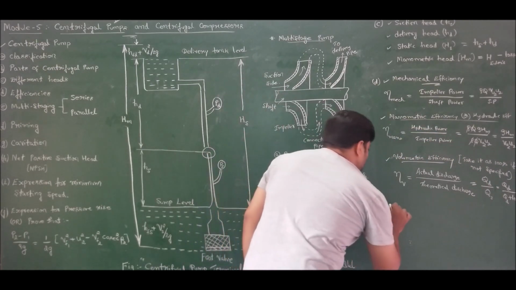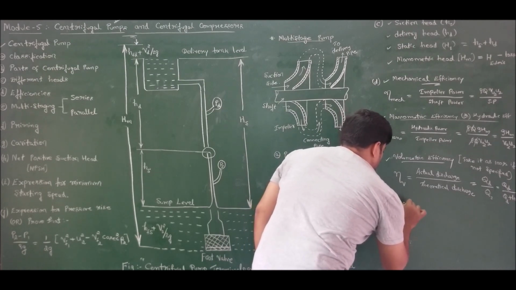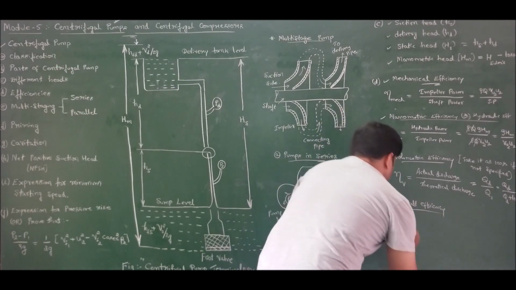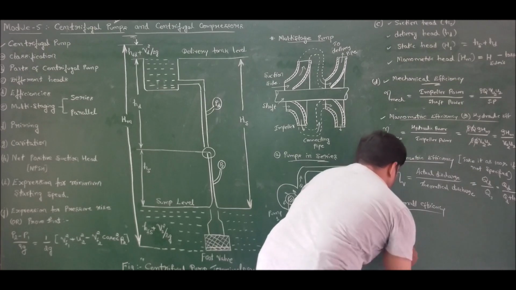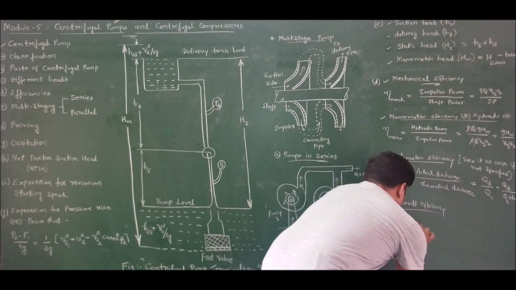So now finally we have overall efficiency. Overall efficiency is defined as hydraulic power to the shaft power.